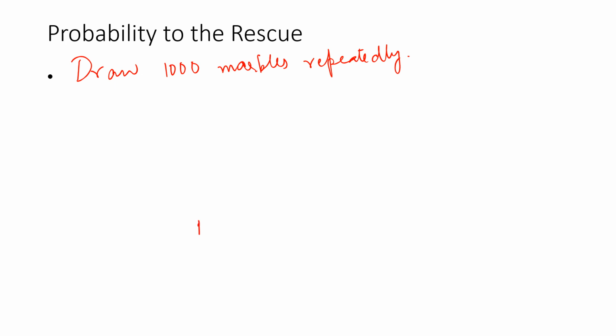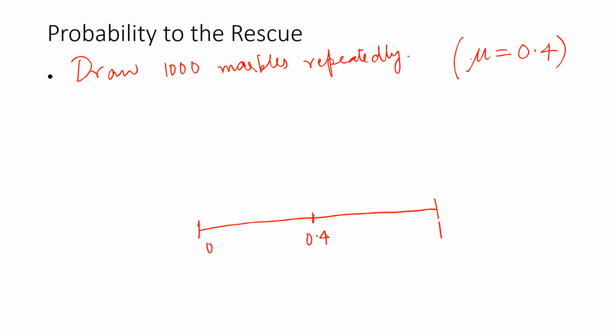So let's say I have this graph, which I'm really bad at drawing, and mu is 0.4. Let's assume that my mu is 0.4, so it lies somewhere here. As I keep drawing these 1000 marbles, I will keep calculating my nu, which, remember, was the fraction of red marbles in my 1000 marbles.